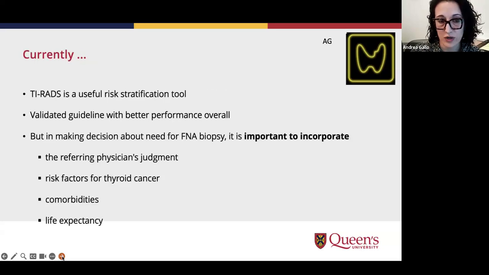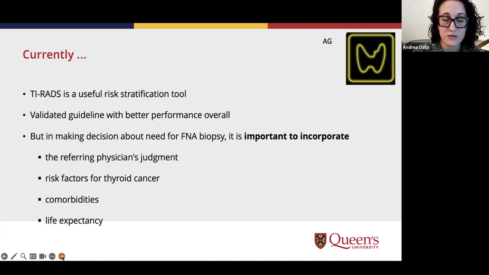So currently, we're using TIRADS. It's a very useful risk stratification tool, and so far, it is the validated guideline that has been working best. It's not perfect, but definitely it's really helpful. What is most important is that it helps us detect which nodules need FNA or biopsy.